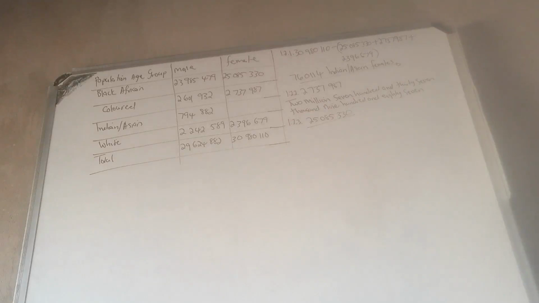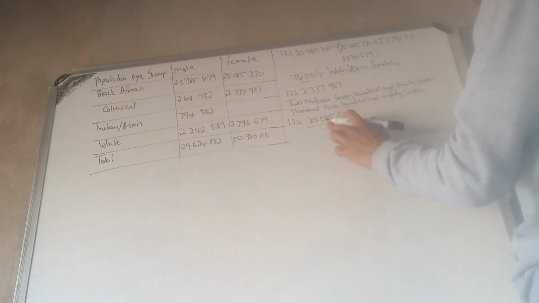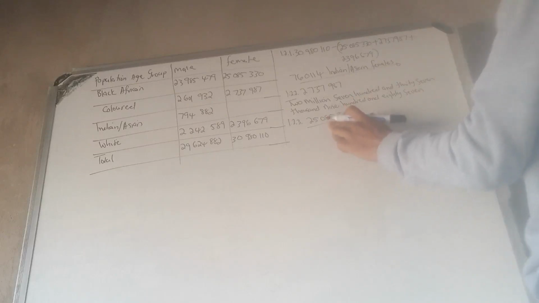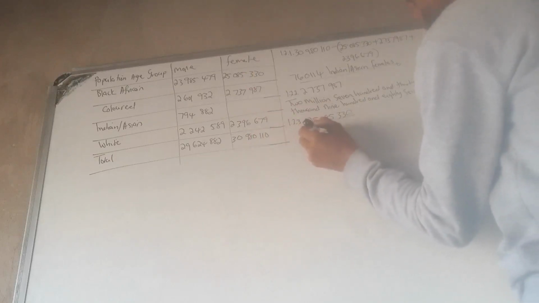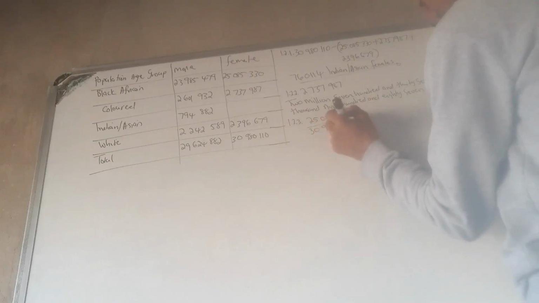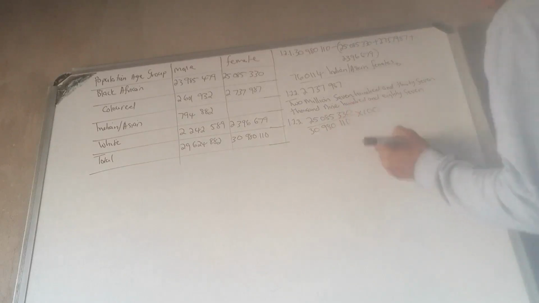Let's listen to the question: determine the percentage of the female population represented by Black Africans. We know that the total is 30,980,110, because we want to write this as a percentage, we just multiply by 100. And then what value will we find?